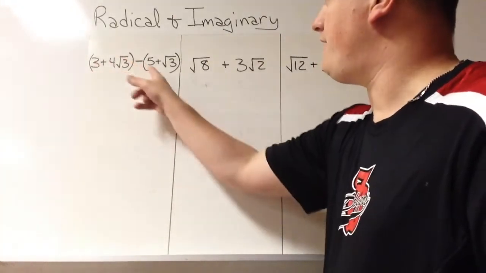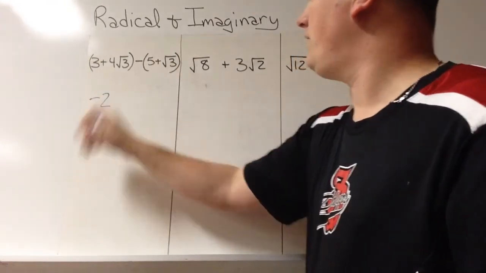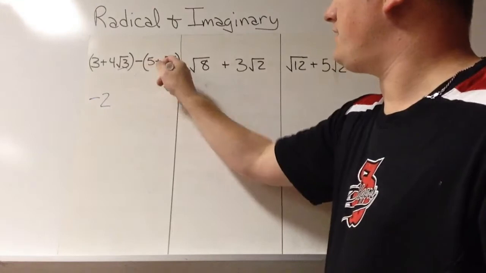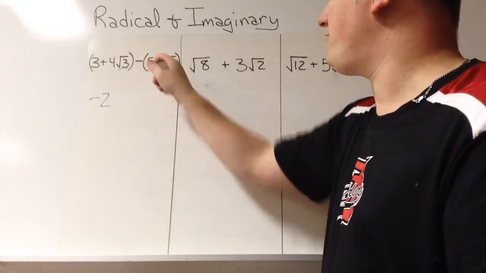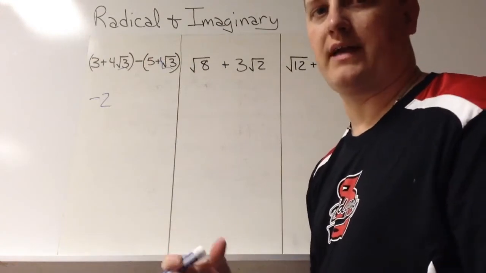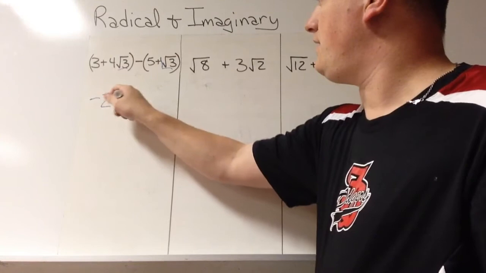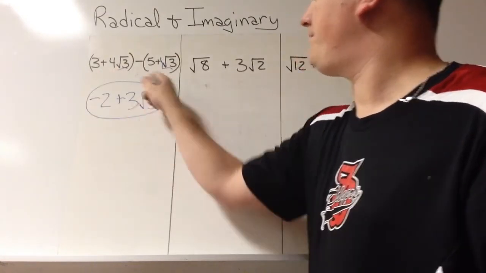So 3 and 5, so we've got 3 minus 5 is negative 2. We've got 4, and since this has a square root of 3 and this has a square root of 3, we can combine these. This would have a 1 in front of it. Treat the square roots kind of like variables. So this is positive 4 minus 1 is positive 3, and we keep the square root of 3.